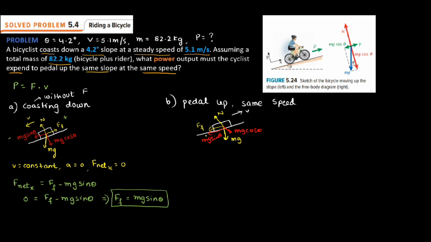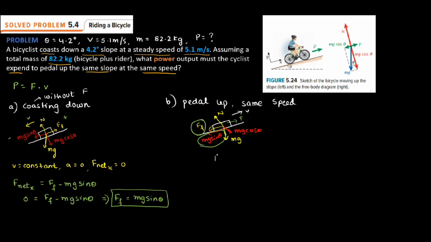Now you must notice, in order to go up at a constant speed, the cyclist has to overcome two forces here. One, the force of friction, and two, the force mg sine theta, the x component of the force due to gravity. The force applied by the cyclist must be equal to the sum of these two forces. Only then can he move with a constant speed.